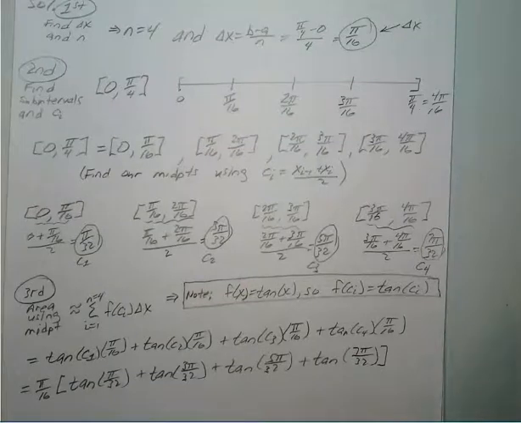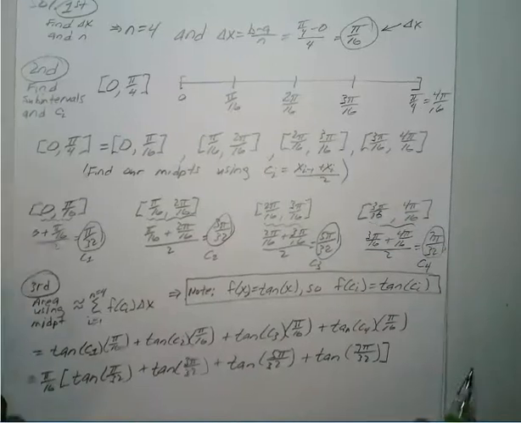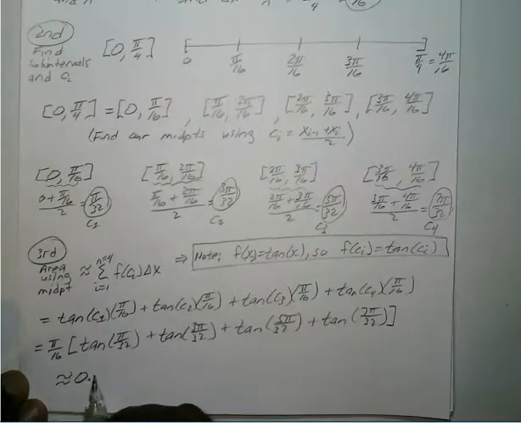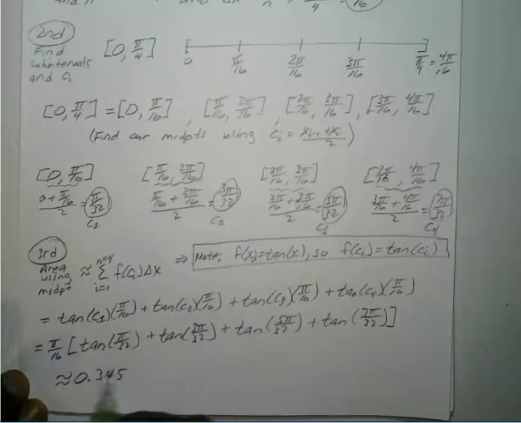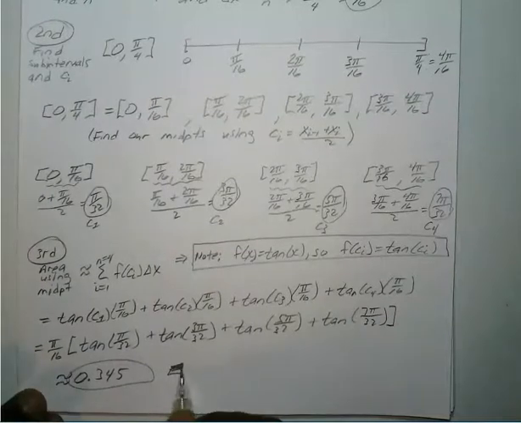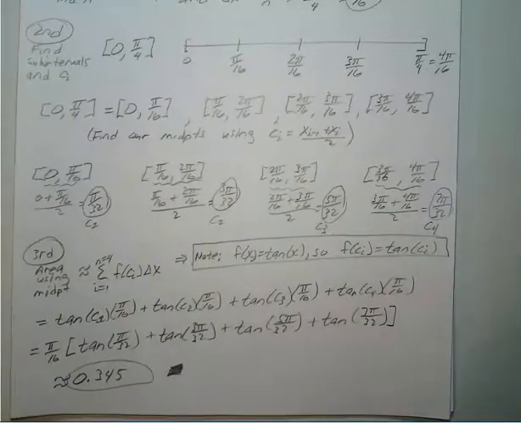If you plug these into your calculator and multiply by pi over 16, you will get approximately 0.345 once you round it to the nearest thousandth. So that would be your area using the midpoint rule over 4 subintervals.